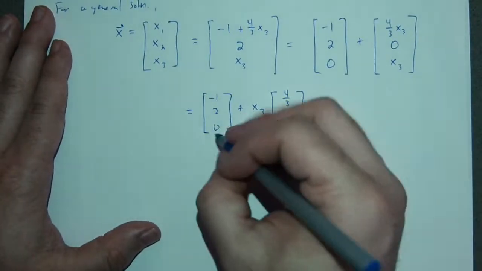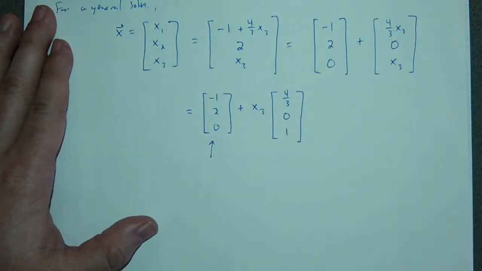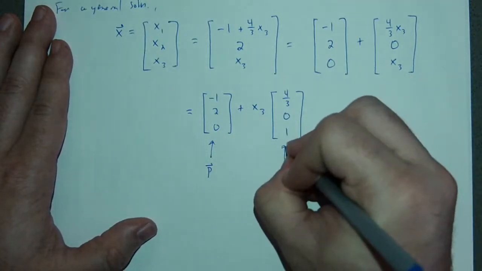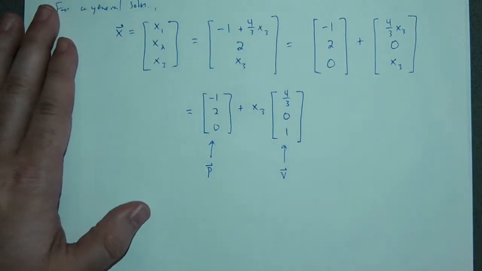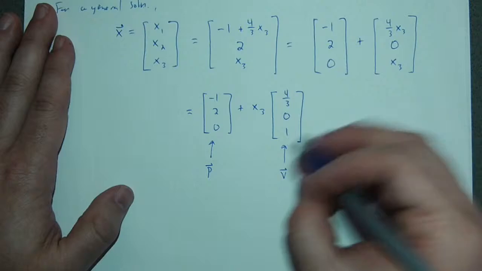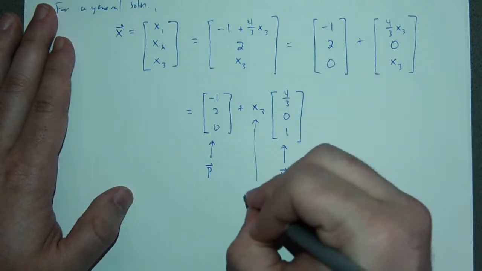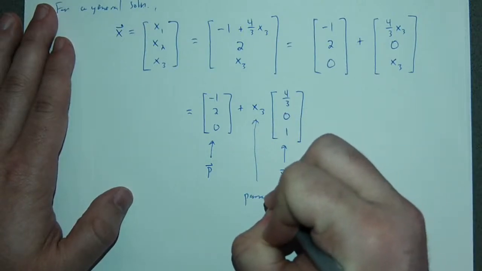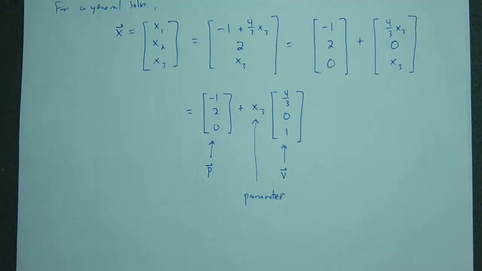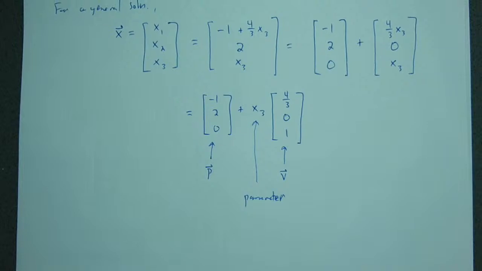Here is a vector I'll call p. Here's the vector I'll call v. And here is my parameter, which is where the word parametric comes from. That is my real number. I'm completely free to choose that x sub 3 to be whatever I want it to be.